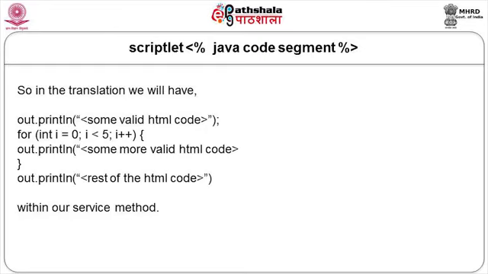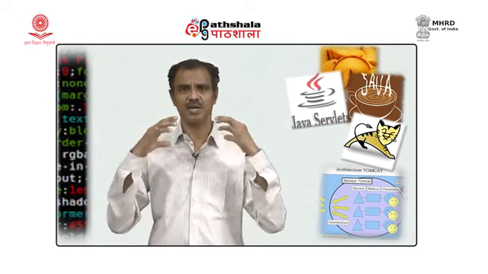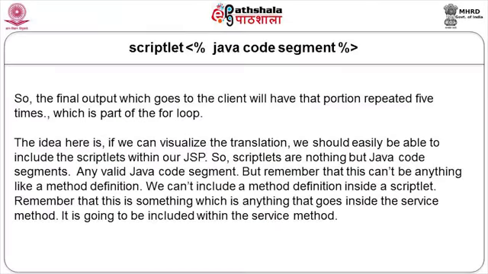So, what will happen when the final output is generated to the client? The final output which goes to the client will have that portion repeated 5 times, because we have a for loop included like this. So, the idea here is, if we can visualize the translation, you should be able to easily include scriptlets within your JSP.